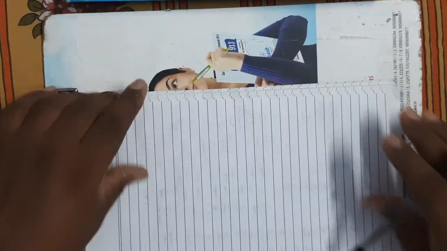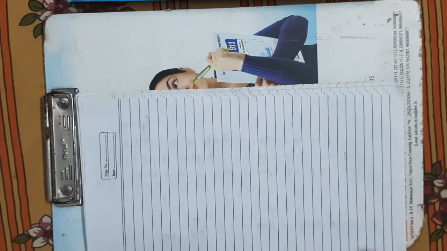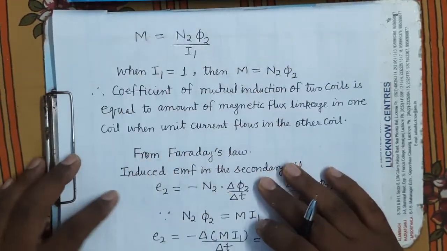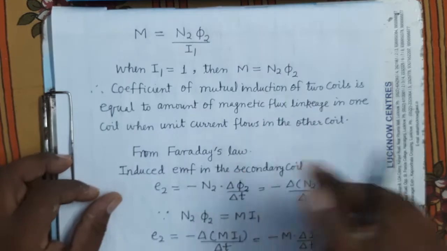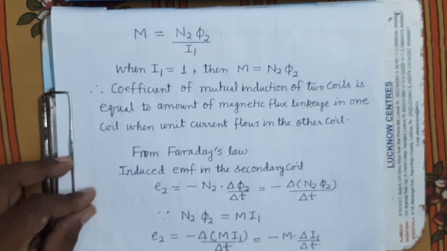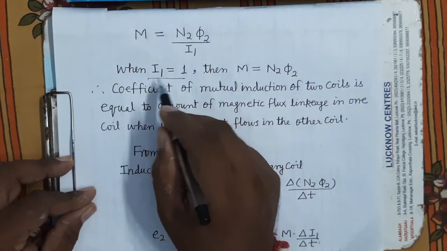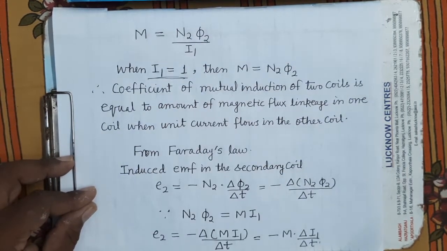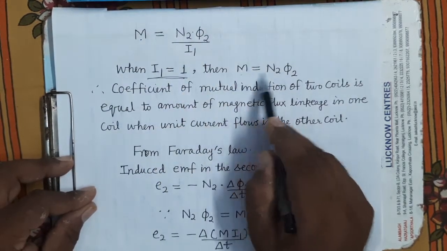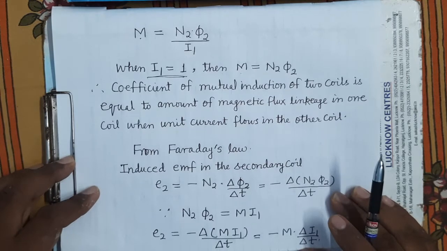On the next page, M I1 equals N2 phi 2, so M equals N2 phi 2 upon I1. If we take I1 equal to 1 ampere, what will be M? It will be N2 phi 2 upon 1, that is, N2 phi 2.